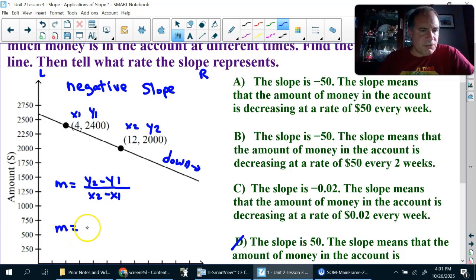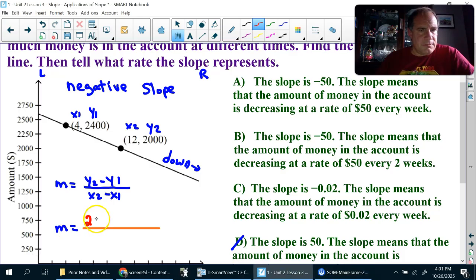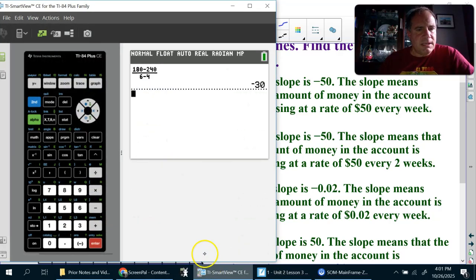So let's see what this slope is right away. You have your minus signs right there. You have 2,000 minus 2,400 and 12 minus 4. Now you know that it has a negative slope.